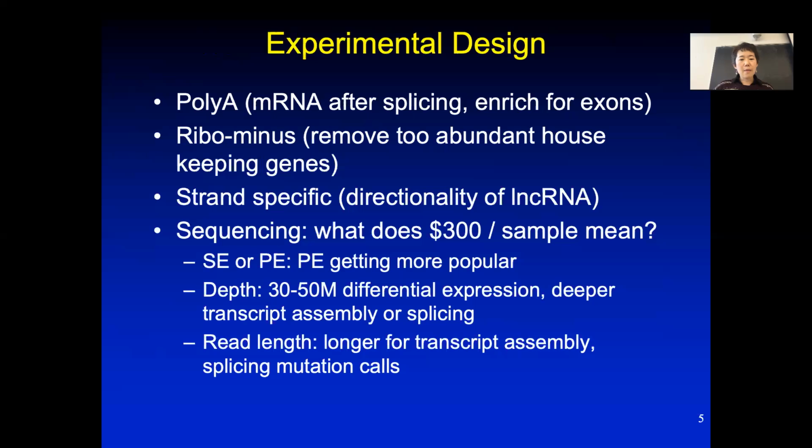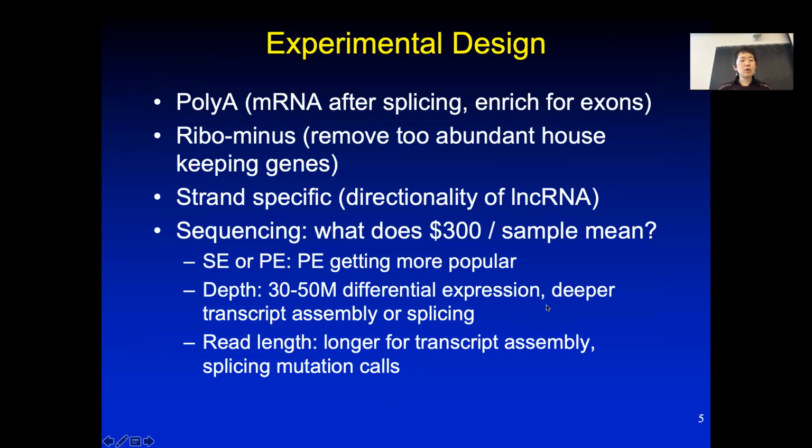So when you look at the sequencing depth, depending on whether it's single end or paired end, you also have to ask them exactly how many fragments and how many reads you're going to get. For example, if you only want to look at expression level and calculate differential expression, probably 20, 30 million, or 50 million should definitely be sufficient.